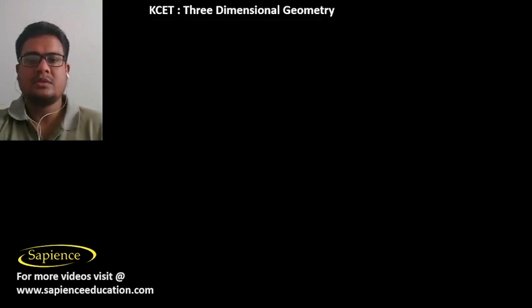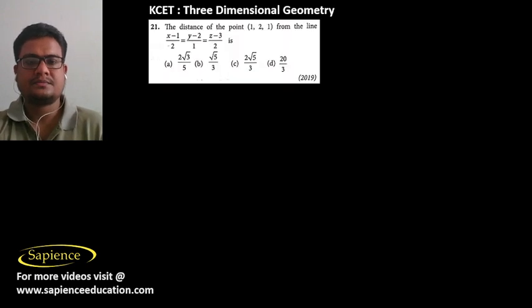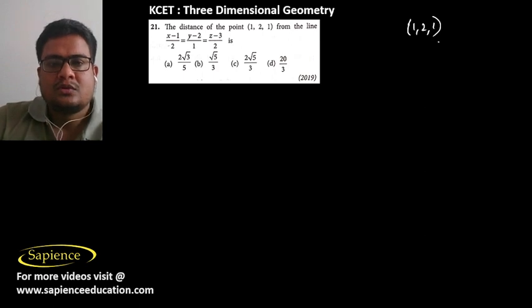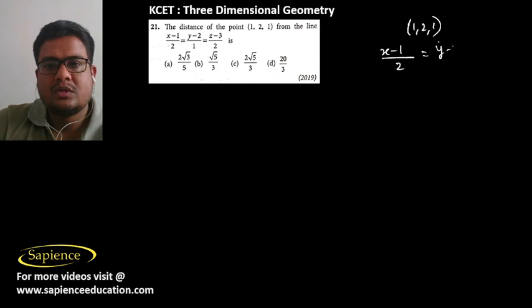Then in question number 21, it is told that the distance of the point (1, 2, 1) from the line (x minus 1) by 2 equals (y minus 2) by 1 equals (z minus 3) by 2, the distance of this point from the line.